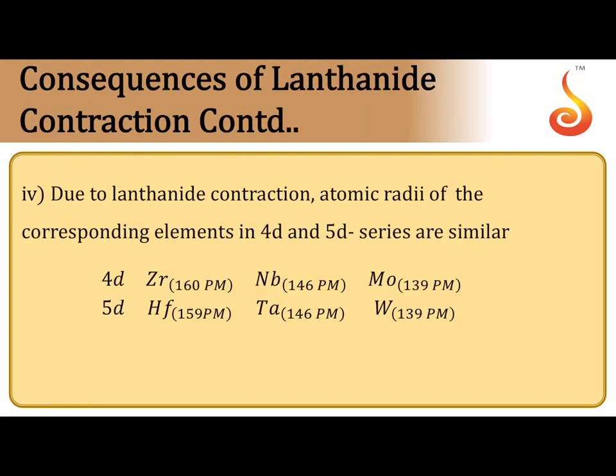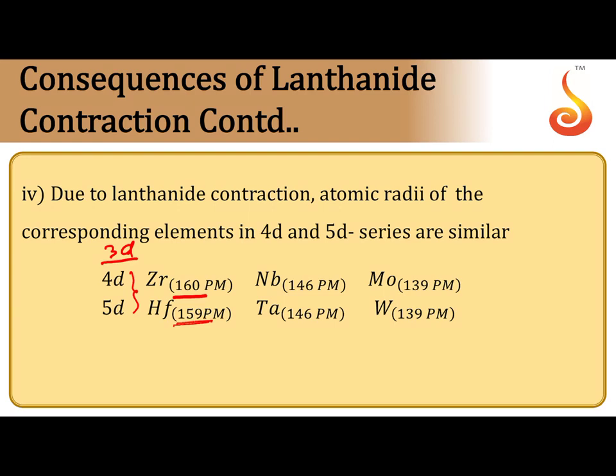Because of lanthanide contraction, there is one more observation in the d block. In a d block group, from top to bottom atomic size generally increases, and from the 3d to 4d series atomic size increases. But from 4d to 5d, even though one shell is extra, there is no increase in atomic size. Zirconium, 160, and the next period's element hafnium have almost the same atomic size.